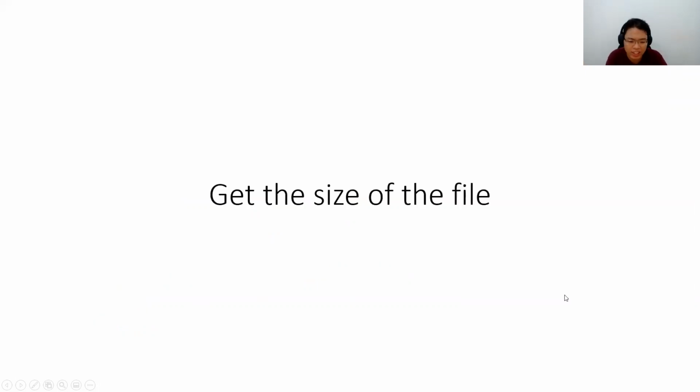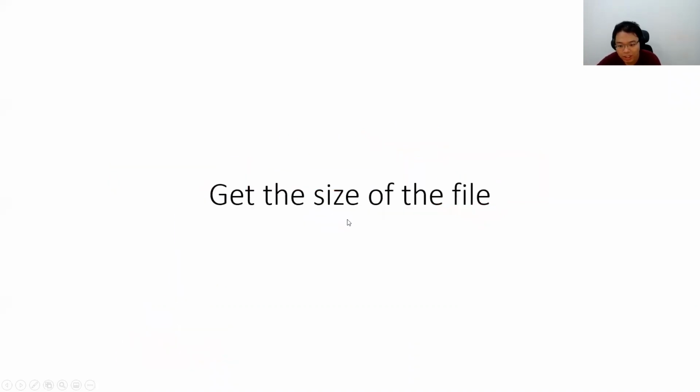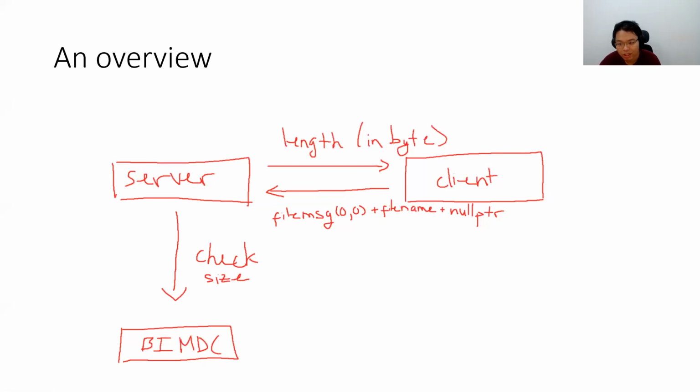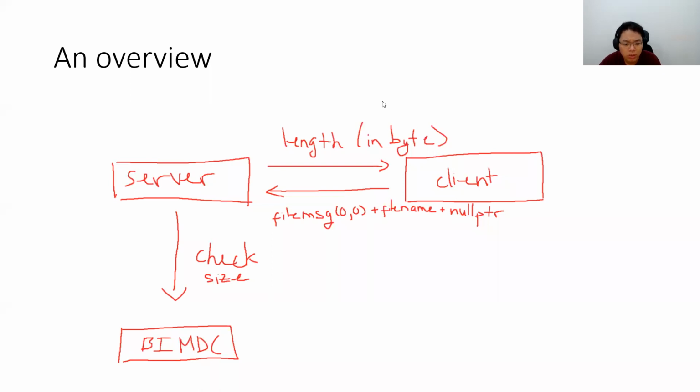So how do you get the size of the file? Well, what you have to do is, the client will send a file message with 0, that indicates that you don't actually want any bytes. So the length is 0 and the offset is 0.